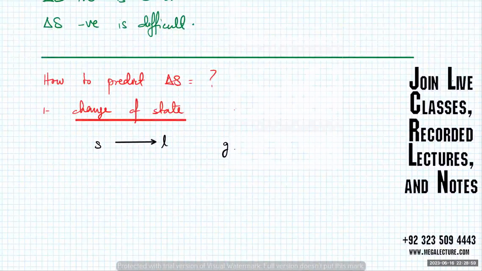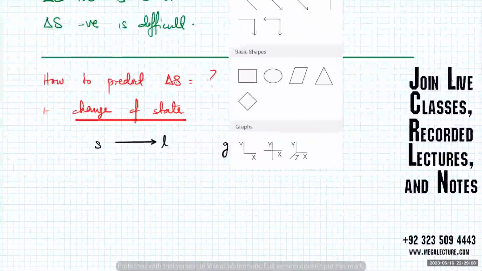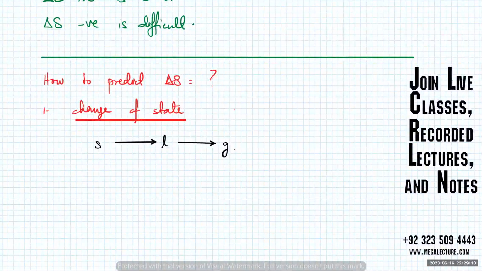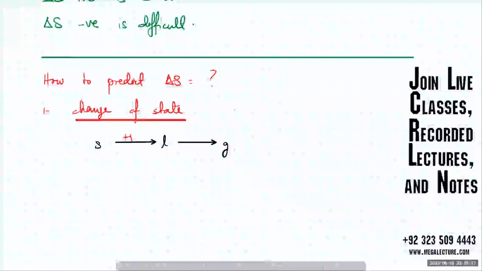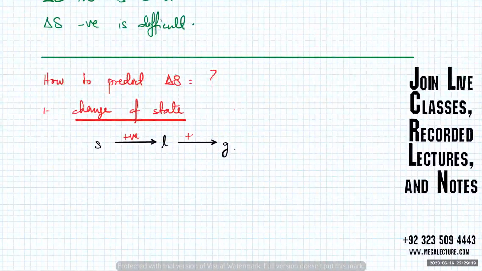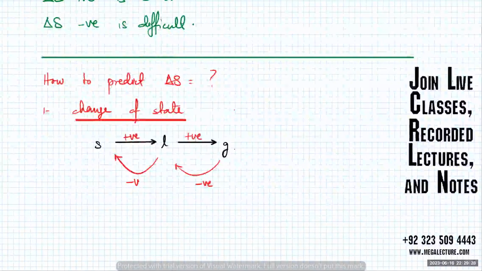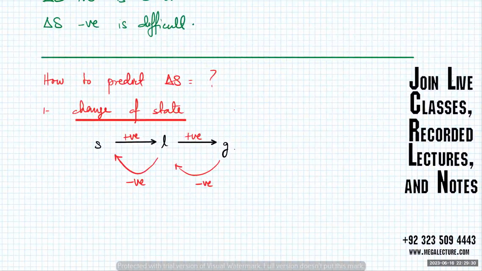Is it positive? Okay, so this one is positive. This is a gain of disorder. And the reverse is negative. So this is a gain of disorder, positive. You go back, that's negative.